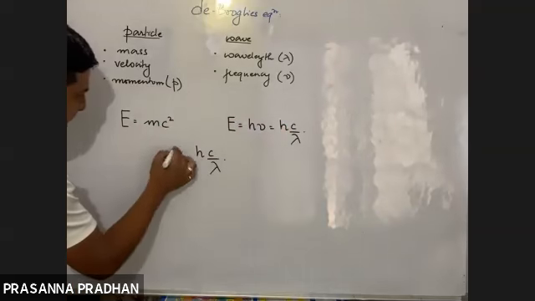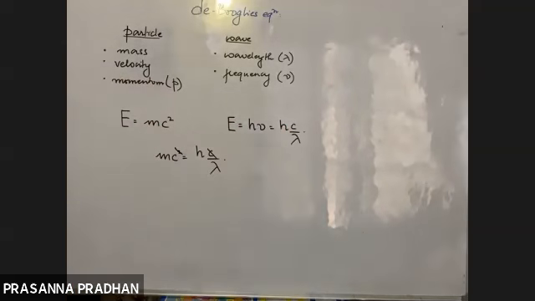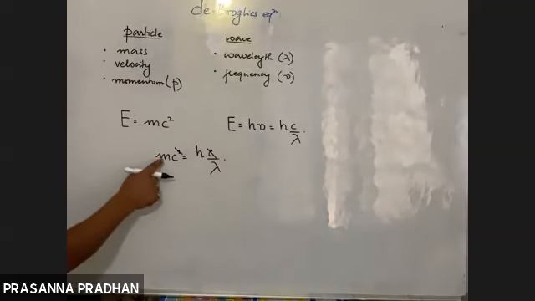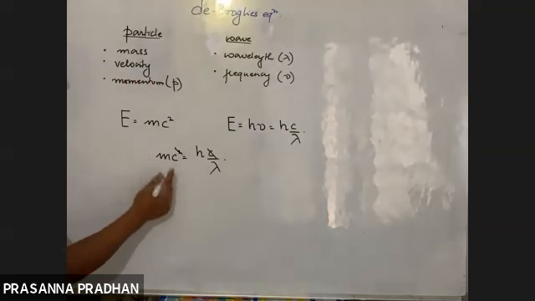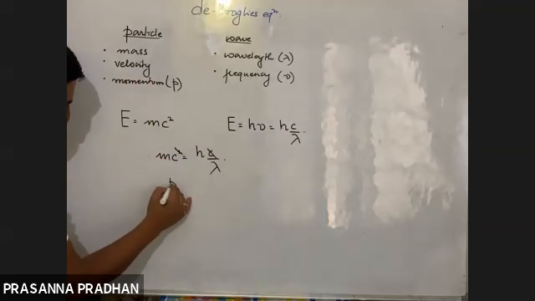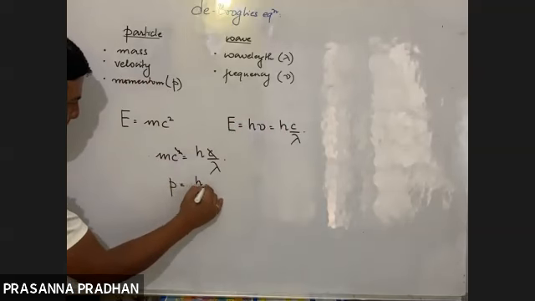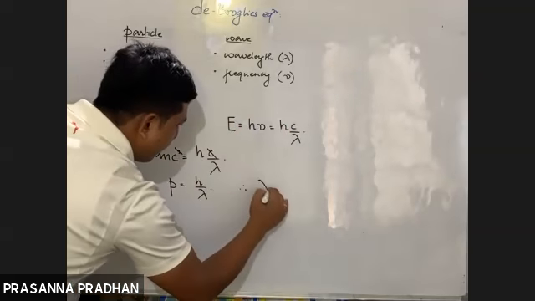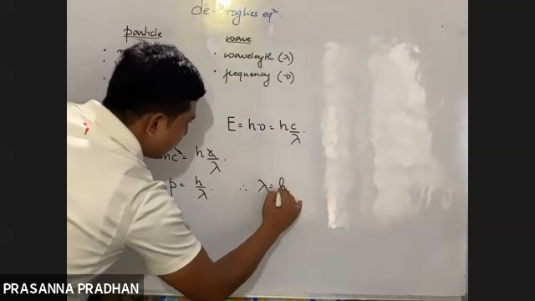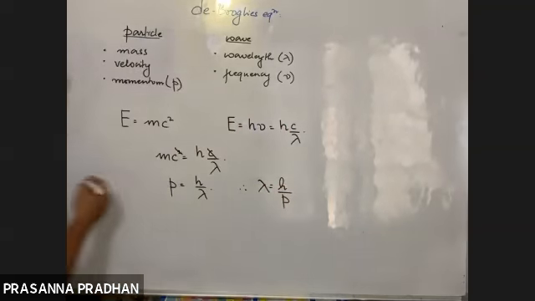Now this c and c will get cancelled. What is this, mass into velocity? Momentum. The product of mass and velocity is momentum. h by lambda. So therefore, lambda is equal to h by p. What is p? p is the momentum.